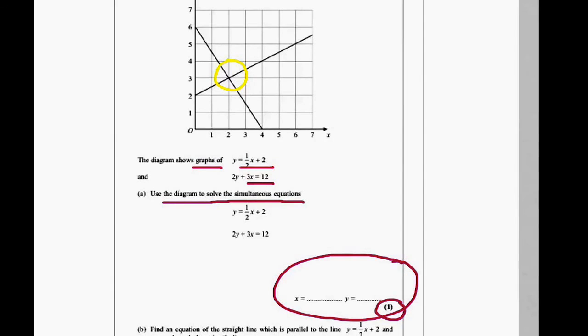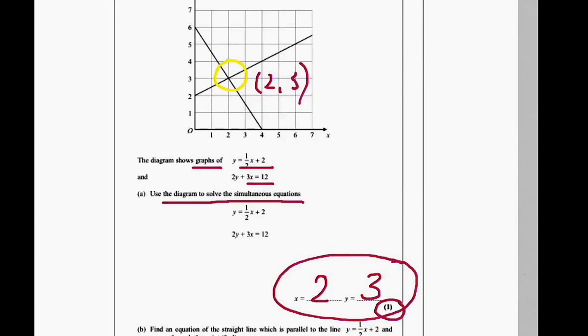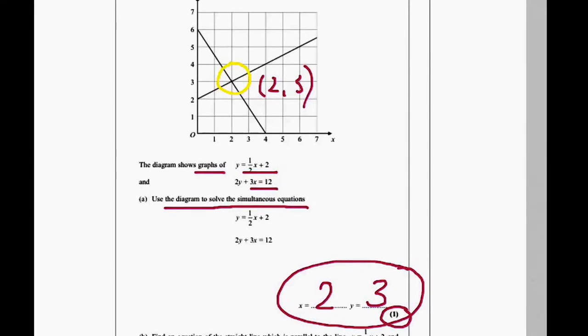The x value is obviously 2, because the point is 2 across, and the y value is obviously 3. If I had to write this as a coordinate, this point would be 2, 3. So the x value is 2, and the y value is 3. And sometimes you have to look at the questions and just use your brain a bit and think, if it's only 1 mark, it's probably quite straightforward.